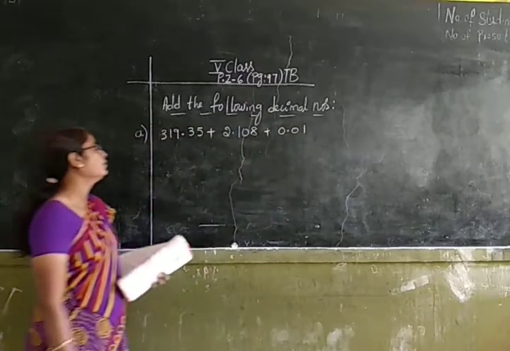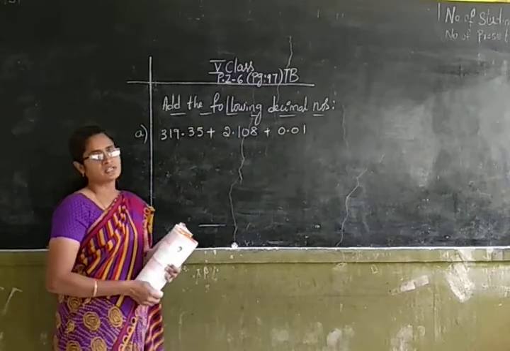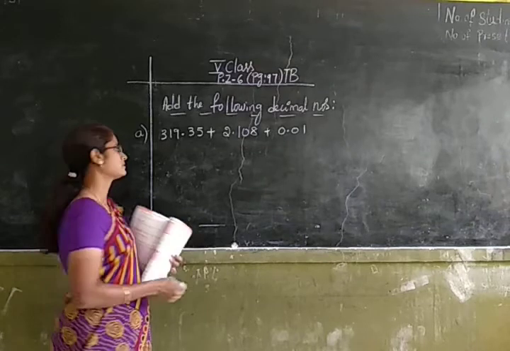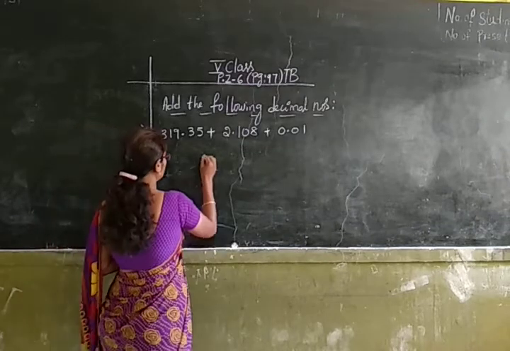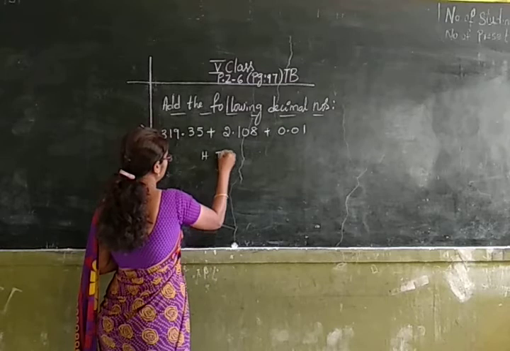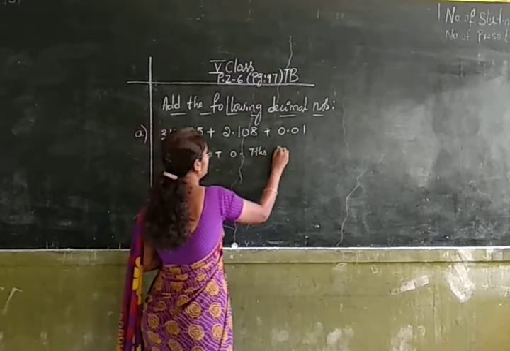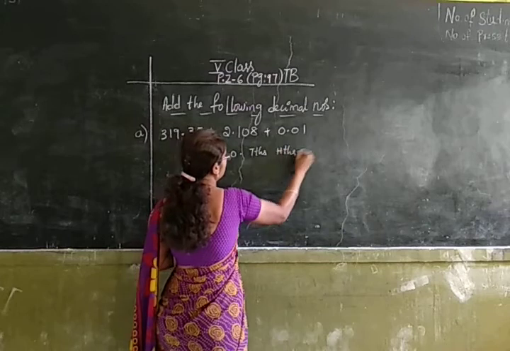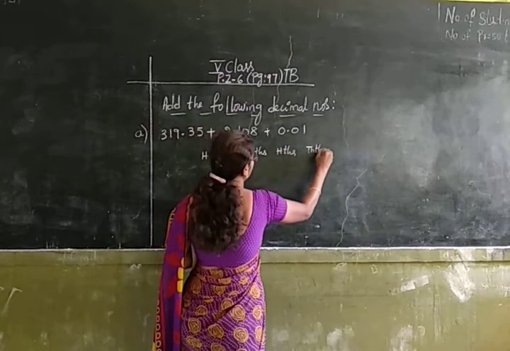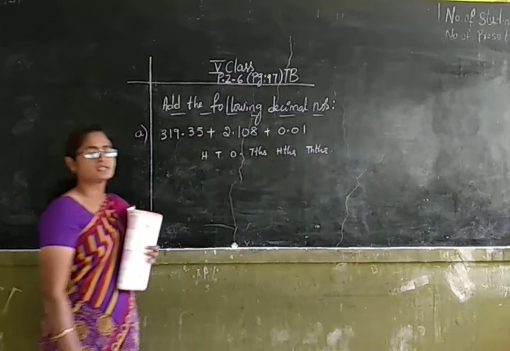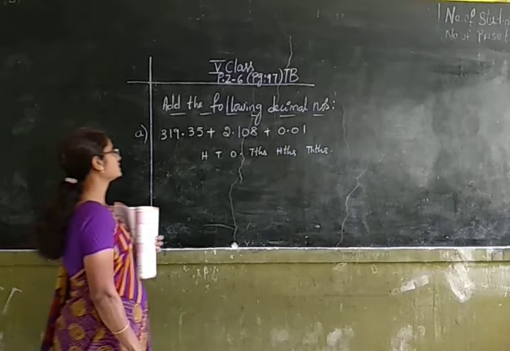So you have to add these numbers. First, let us write down the places. So let us write down the places: hundreds, tens, ones, tens, hundreds, thousands. So after writing the places, you have to arrange the numbers in columns.